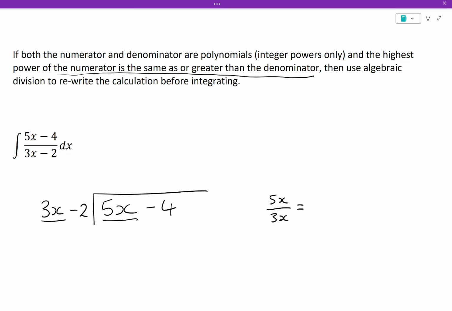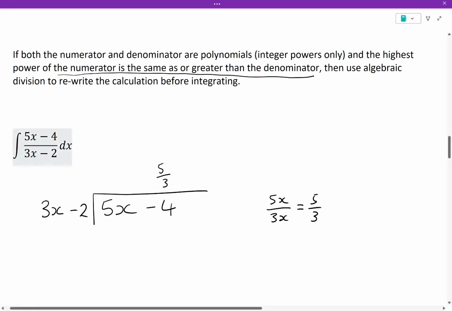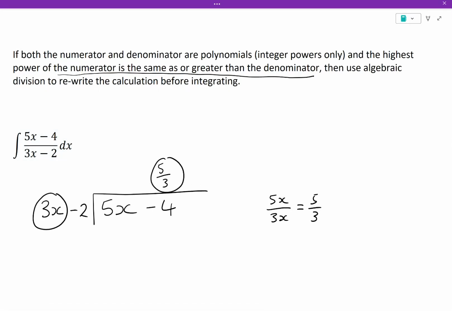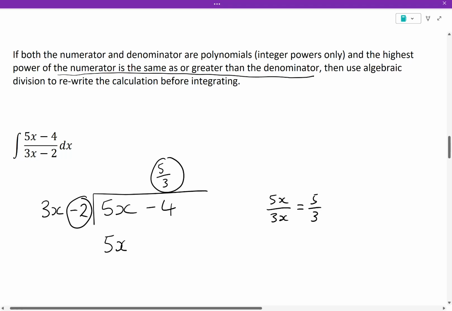So the x's cancel, so we're left with 5 over 3, which is a numerical value. It's a constant, so I'm going to put it in this column over here. Then we take that 5 over 3, and we multiply by 3x. Now, if we do that, we should end up with 5x again, which I'm going to write here. And then we're going to take that 5 over 3 and multiply by negative 2. So we're going to get negative 10 over 3, like that.